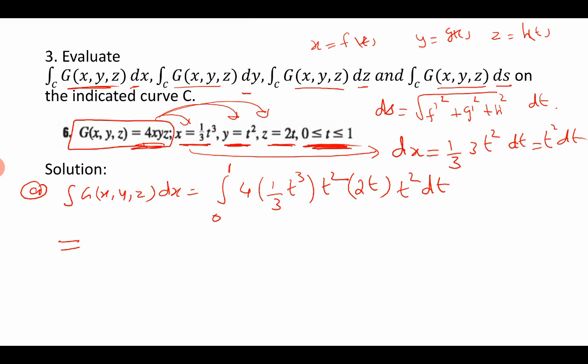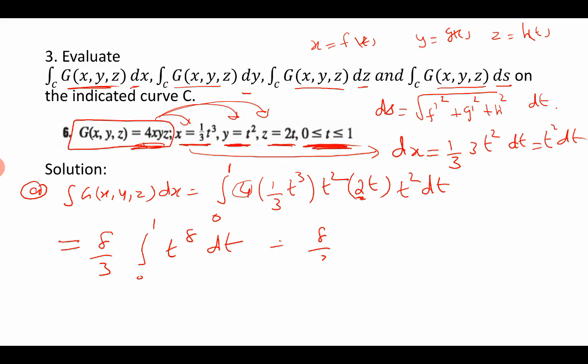What do we get? 4 times 2 is 8, so 8 over 3, integral 0 to 1. What is the degree of t? t square, t power 5, t power 8. t raised to 8 dt.